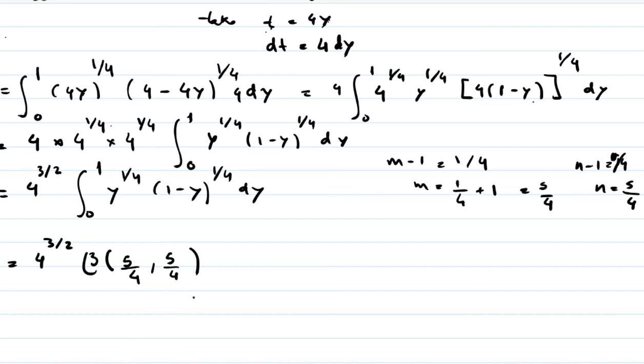So that is going to be equal to 4 raised to 3 divided by 2 of gamma of 5 divided by 4 into gamma of 5 divided by 4, divided by gamma of adding these two here. So gamma of 5 divided by 4 plus 5 divided by 4, it's going to be 10 divided by 4. And this is going to be the result.